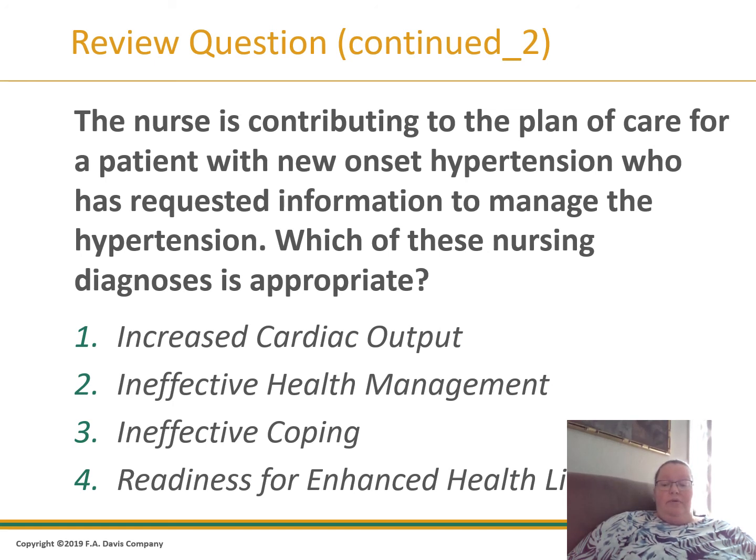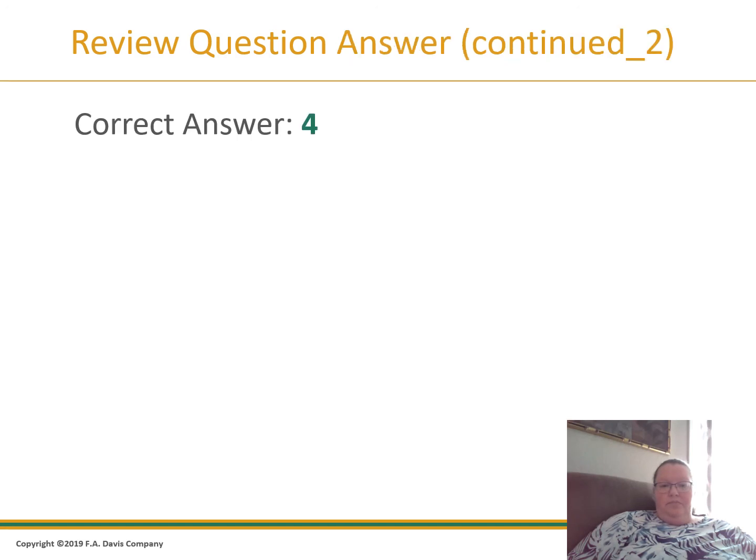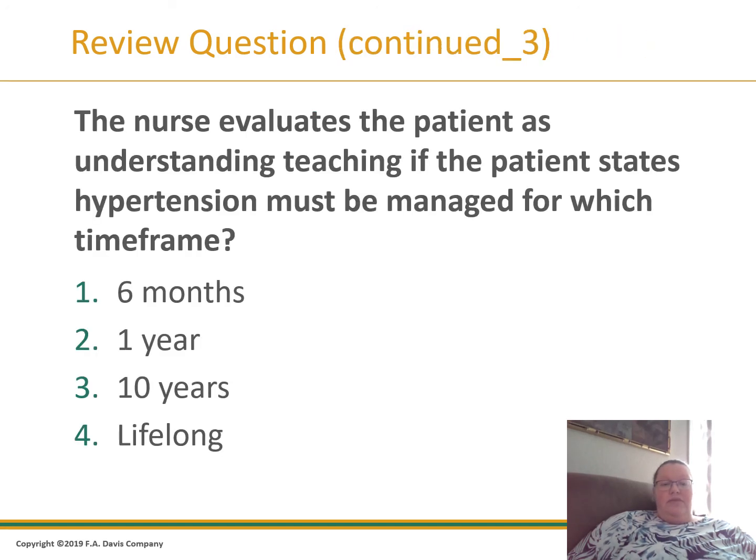I would say number 4 is your answer. The nurse evaluates the patient as understanding teaching if the patient states hypertension must be managed for which time frame. Remember I said it's lifelong. It doesn't just go away. So the answer is 4.